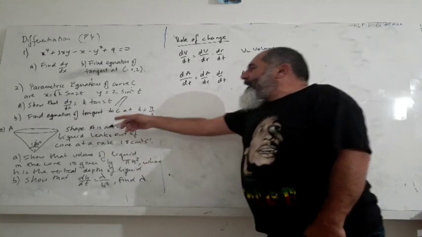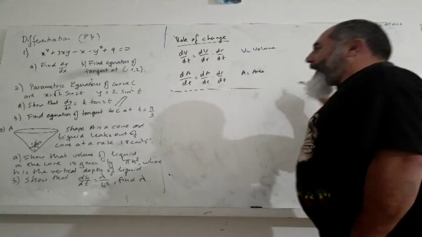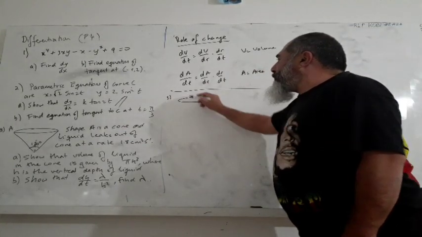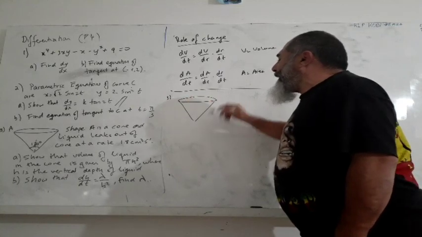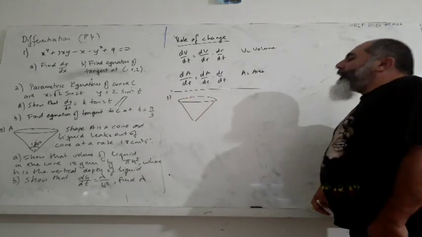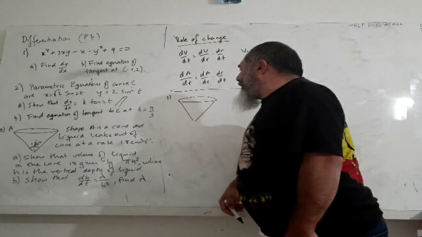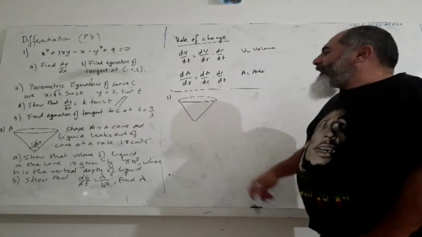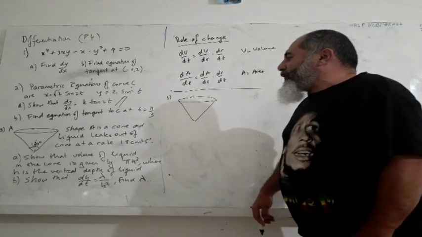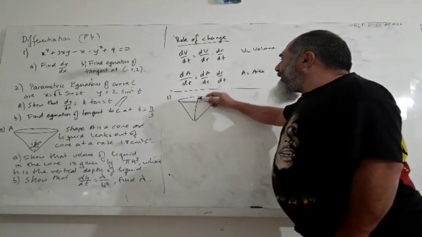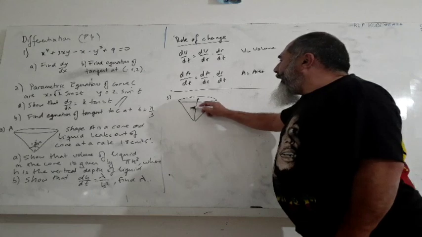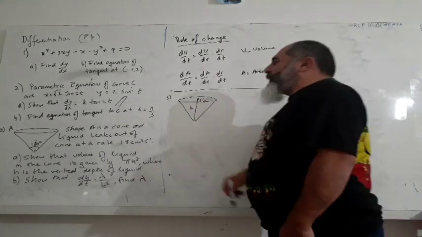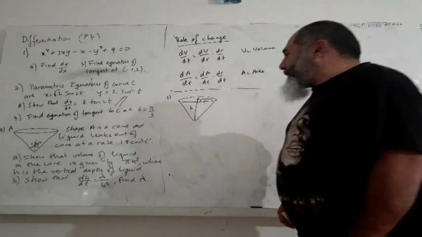Here we have a cone. We are going to use a little bit of geometry and a little bit of trigonometry here, but they are at the level of IGCSE, so it is going to be easy to calculate. Say this is the height, that's the radius, and the height and radius are perpendicular to each other.